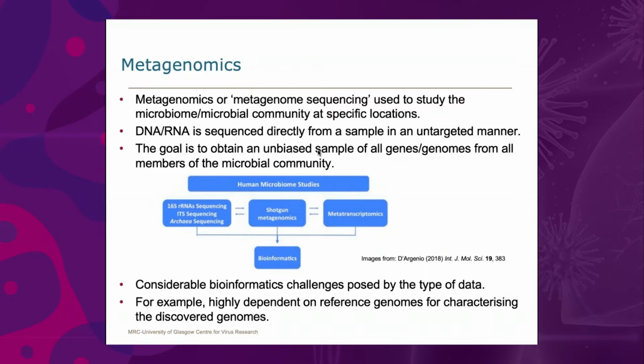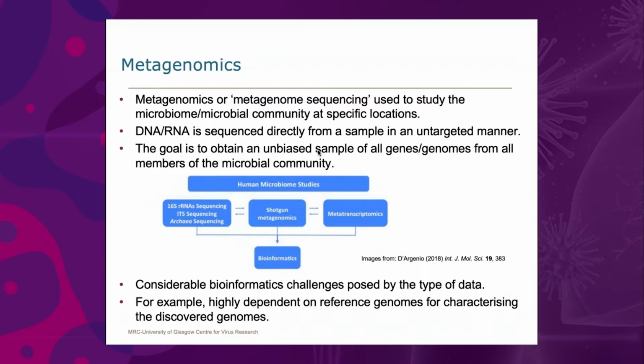As Akis will demonstrate, there are a lot of technical hurdles, and it's not as straightforward as one might hope, but the methods continue to develop and we're getting better at these technologies. The goal is an unbiased sample of all the genes and genomes from that microbial community.